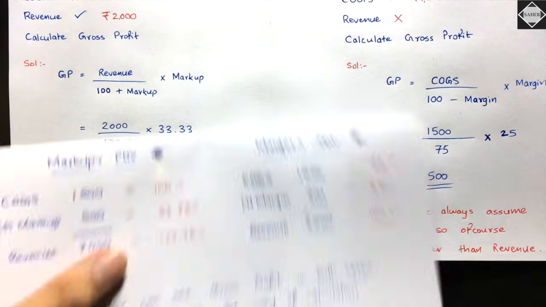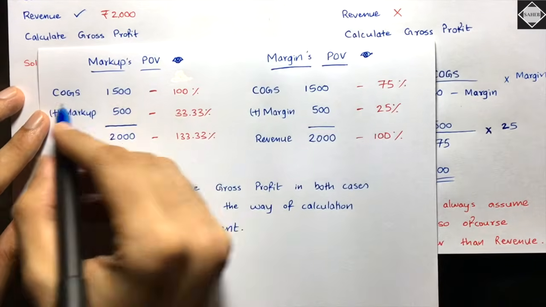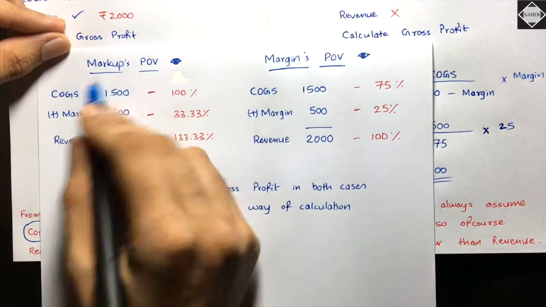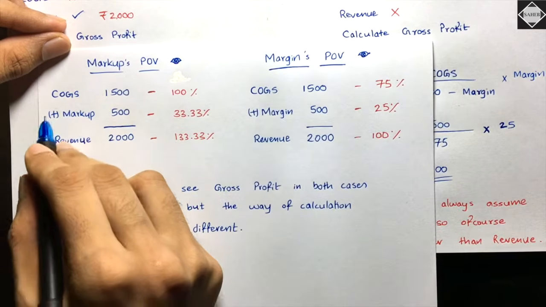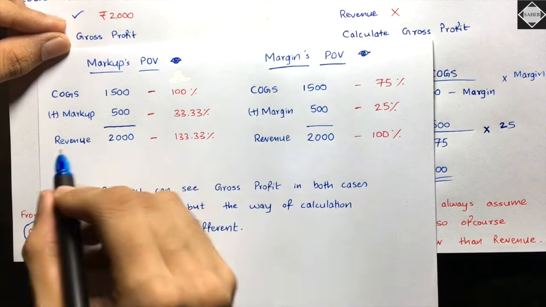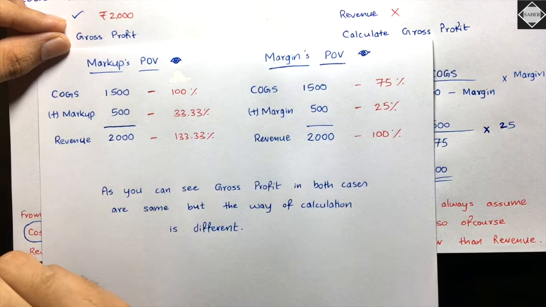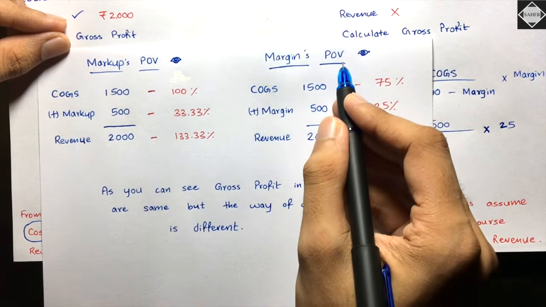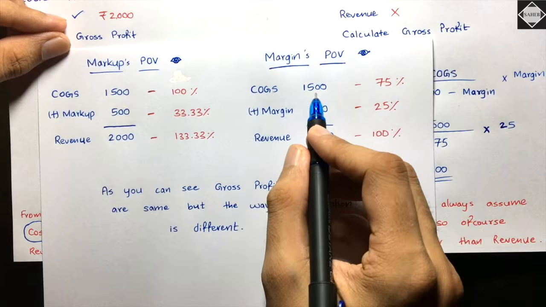Fine. See here, from markup's point of view, cost of goods sold is assumed to be 100% because cost of goods sold is markup's friend, and then add the markup. What is the markup? 33.33%, then the revenue is 2000. I'm just showing you over here how it is. And see, from the margin's point of view, COGS is 75%.